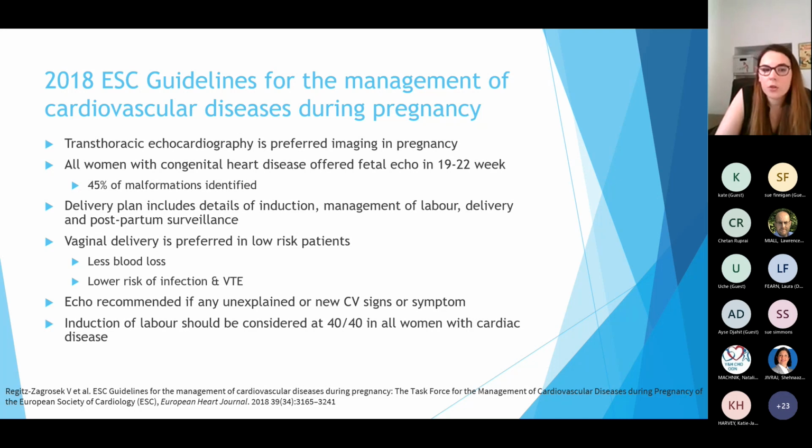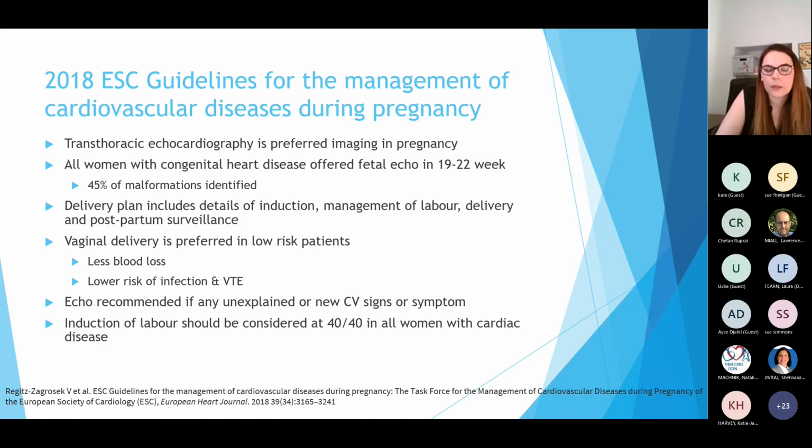The delivery plans should always include details of any induction plans, the management during labour, and also surveillance during delivery and postpartum. For low-risk patients, a vaginal delivery is preferred, and the reasons they give for this is the reduced risk of hemorrhagic complications and also the lower risk of infection and VTE. And they do advise that we should consider inducing all women with any cardiac disease at 40 weeks gestation.